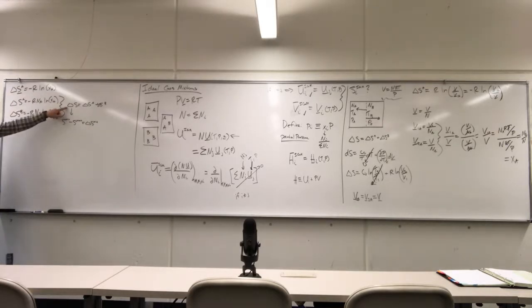So our change in delta S is only the change in mixing. Our final state is the mixed system. Our initial state is the unmixed system. So this is effectively our definition of the entropy change of mixing.